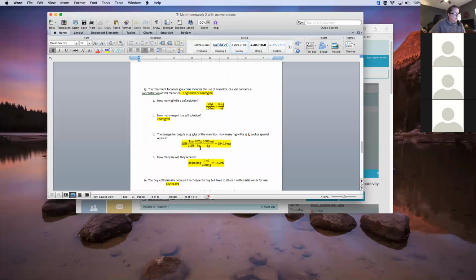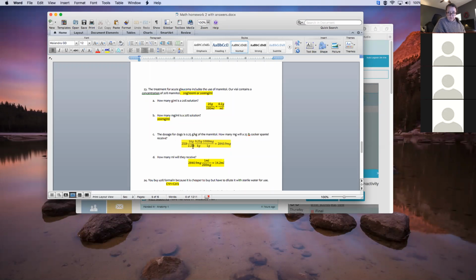So 25 divided by 2.2 is going to give me my weight in kilograms, which is not listed on here. That's 11.4 kilograms. We multiply that by 0.25, and that gives you 2.85 grams that the animal needs.